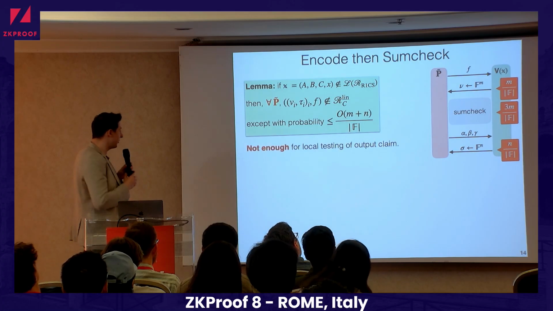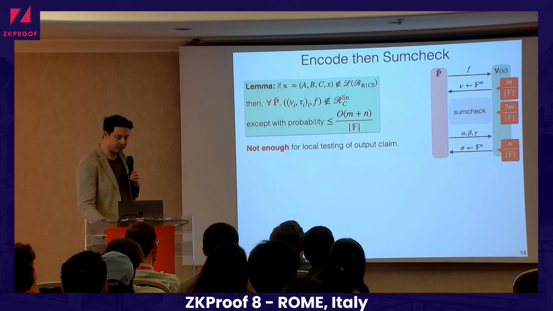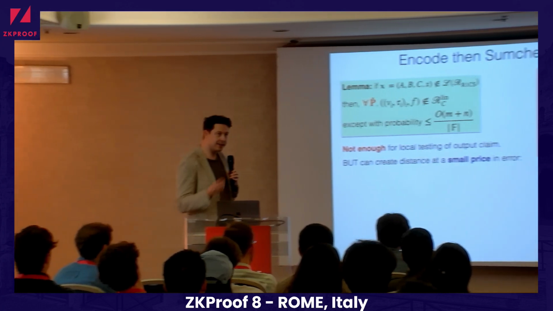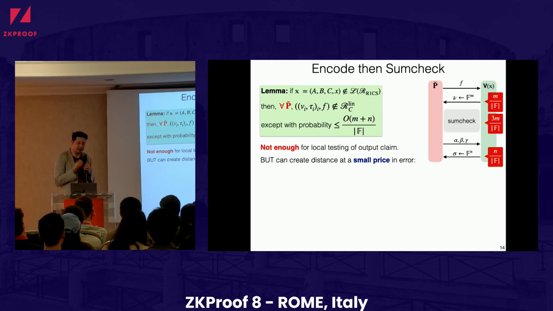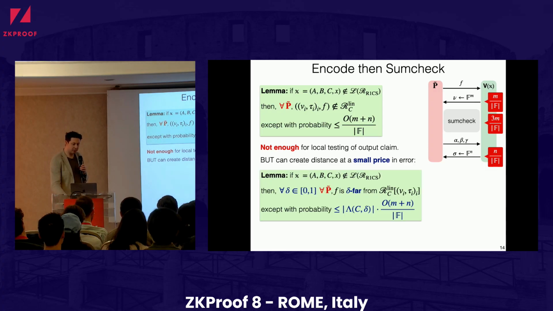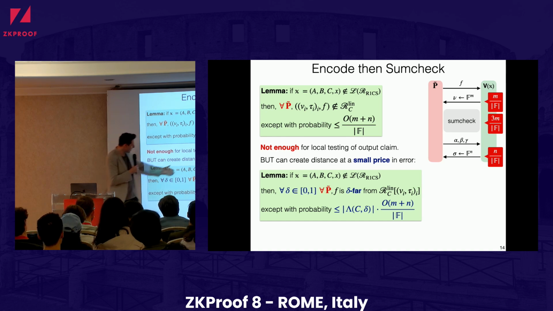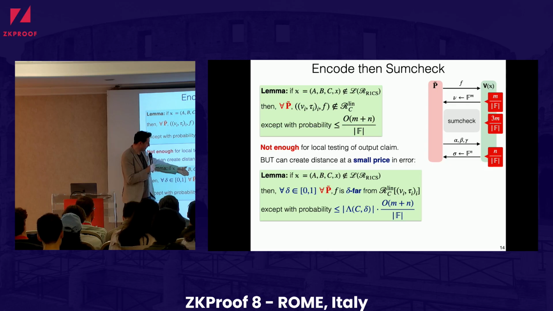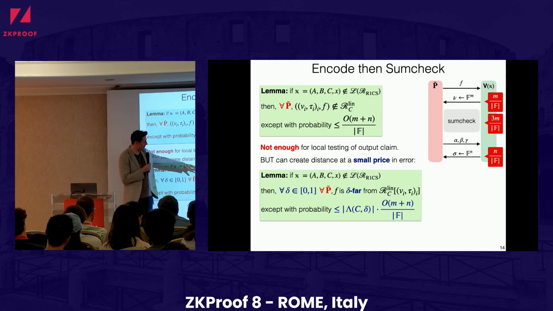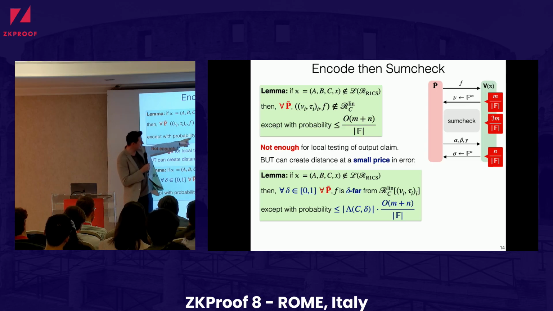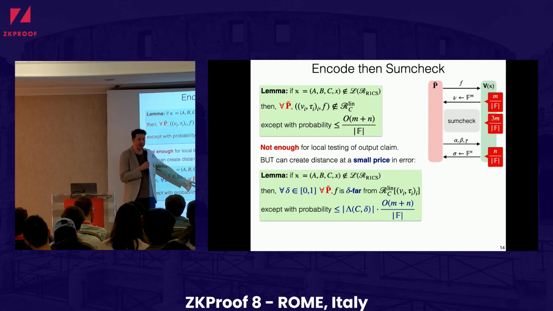This is not enough for local testing of the output claim, but what you can prove, and I think this is pretty amazing, is that at a small price in error, you can prove a strictly stronger claim. If the original instance is not satisfiable, then you pick any target distance delta you want, and against any prover, the probability that the output is delta-far from any valid message that satisfies those constraints is at most that same probability blown up by the list size at delta.